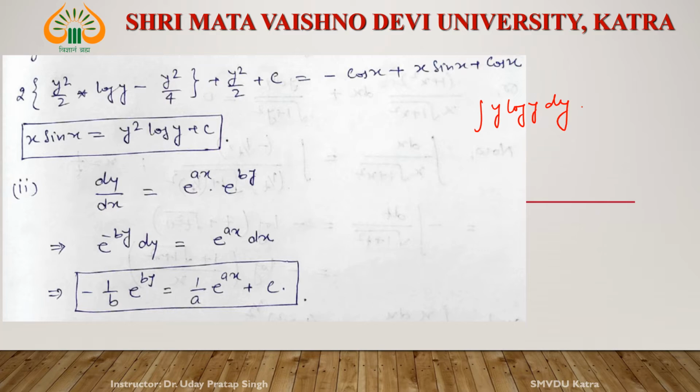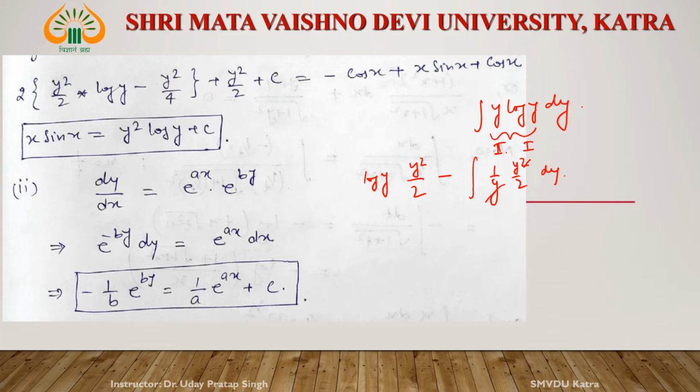Taking log y as the first function and y as the second function, we get log y times y square by 2 minus the integral of the derivative of the first, 1 by y, times the integral of the second, y square by 2, dy.